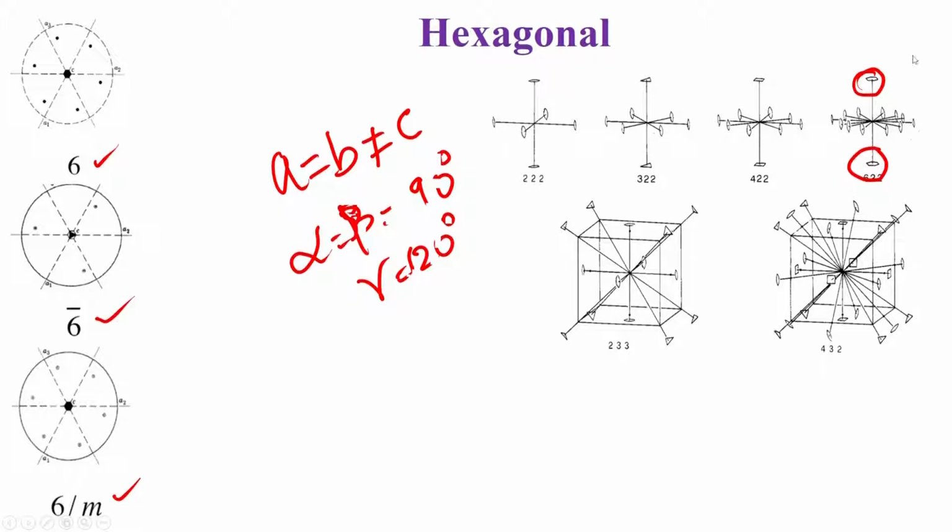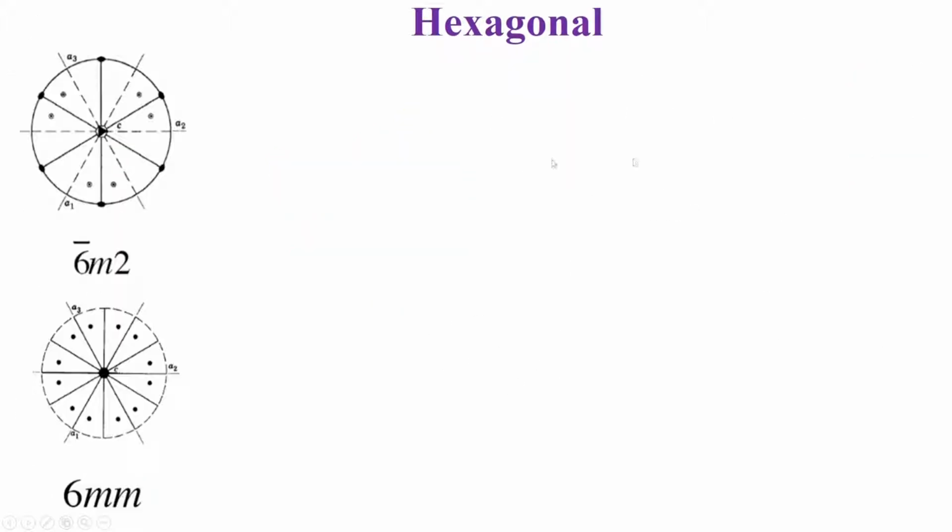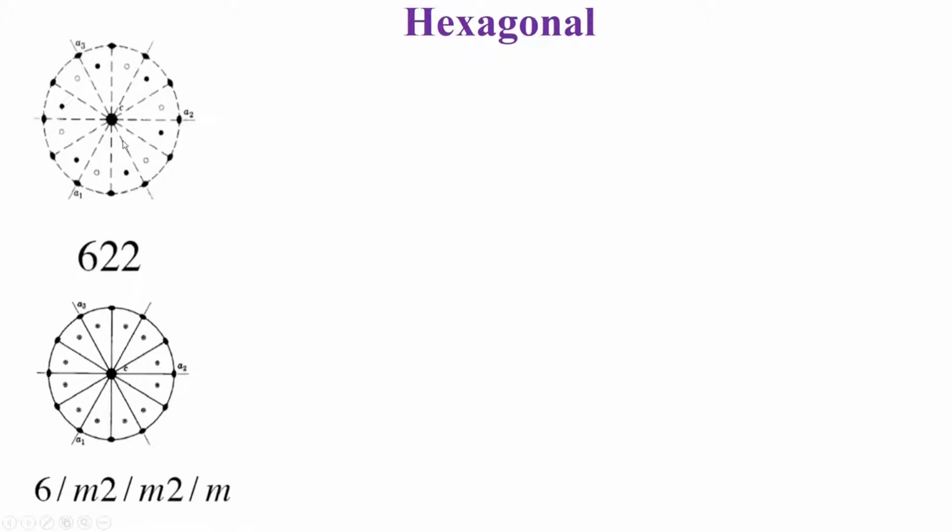So, the hexagonal symmetry is again representable in terms of the other intersecting axes. So, we have additional point group symmetries 6 bar m2, 6mm, and the equivalent points are marked here. Then we additionally have 622, 6 by m, 2 by m, 2 by m. This is the highest symmetry that can be taken up by a hexagonal system.